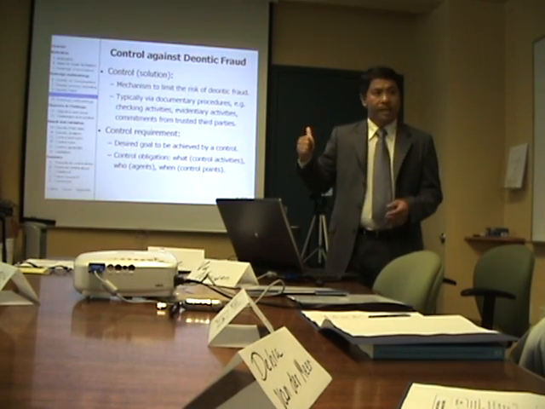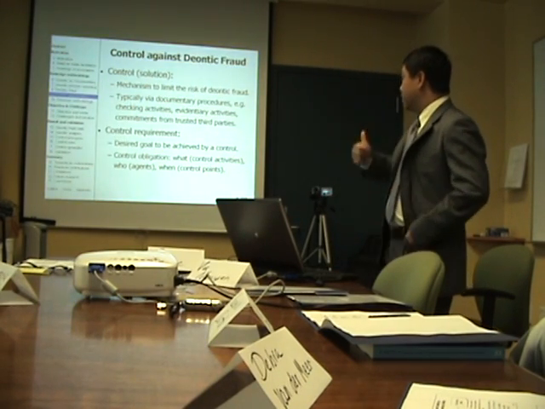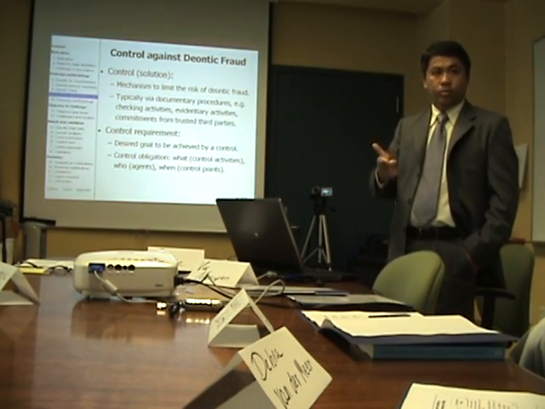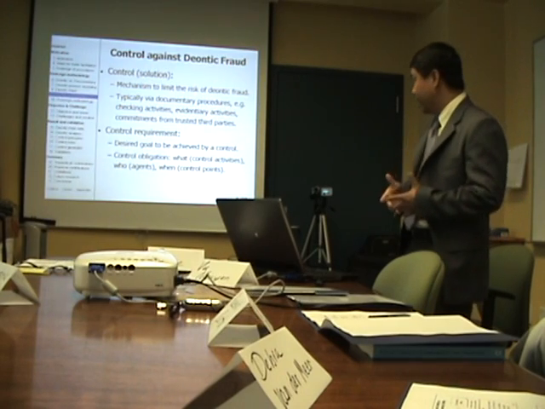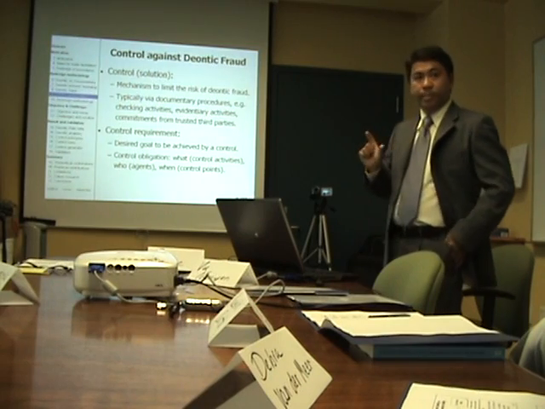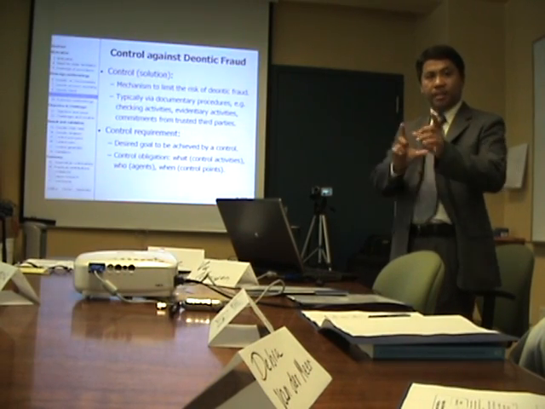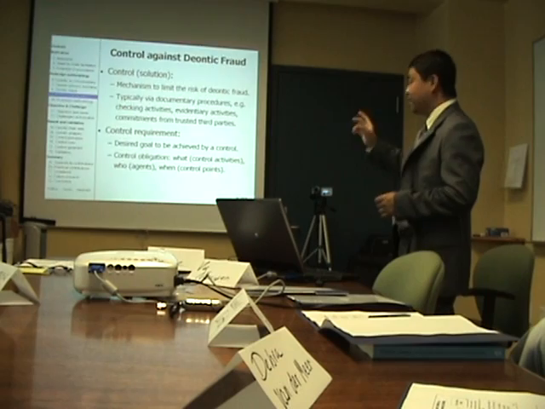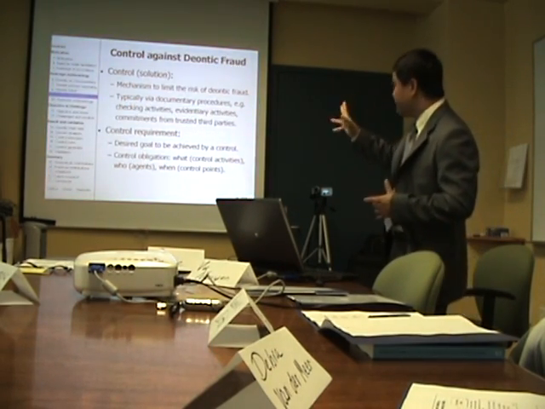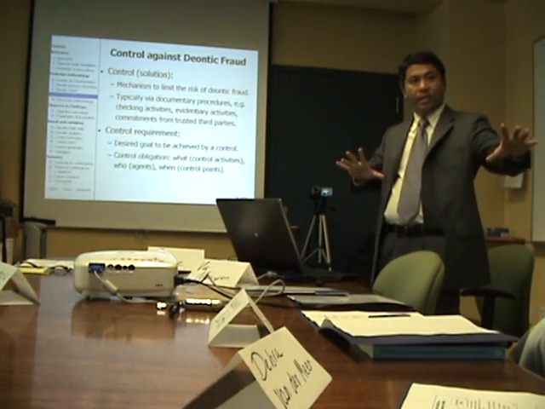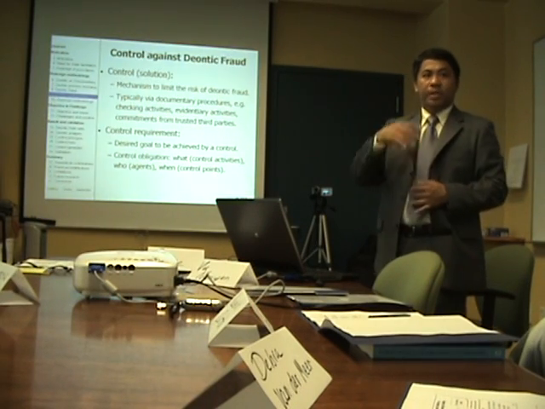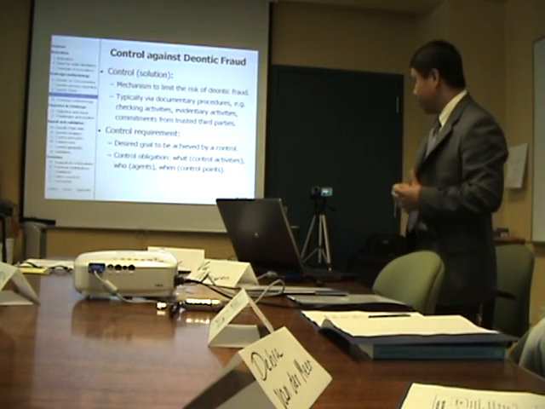And for this reason, various inter-organizational procedures like documentary collection, escrow, or documentary credit have been developed. In the documentary procedure, control is usually in the form of checking activity to ensure that certain events happen or not, evidentiary activity like sending evidence back and forth among the different parties, or commitment from a trusted third party. When the two parties do not trust each other, they need to get the bank or some famous institution involved in order to secure the transaction.